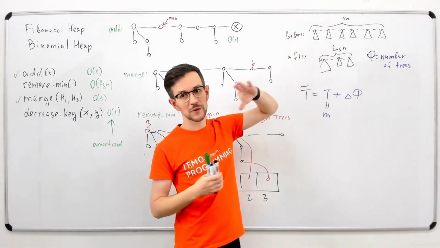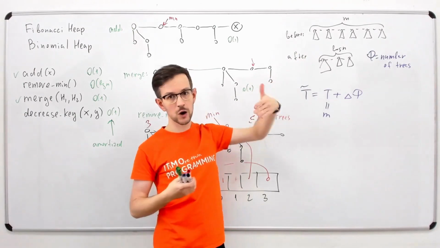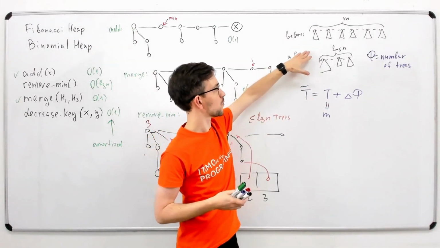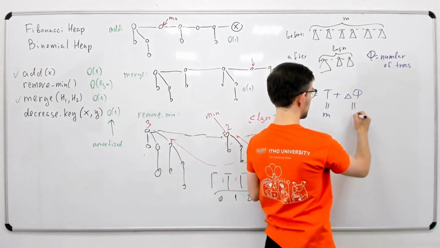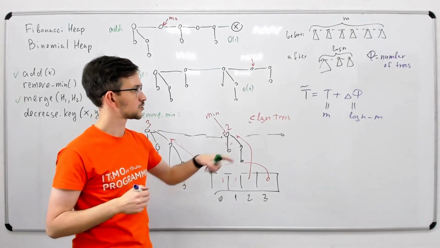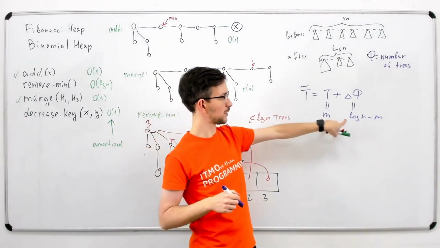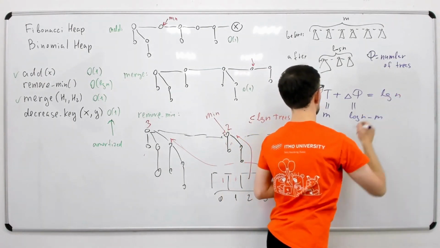What is the change of potential from this state to this state? Here we have m trees, here we have log n trees. So the change of potential, delta phi, is log n minus m. So the amortized cost will be m plus this change, which is log n. That's all.